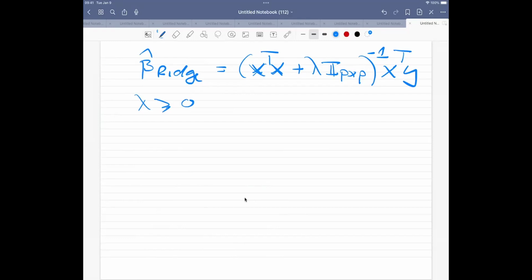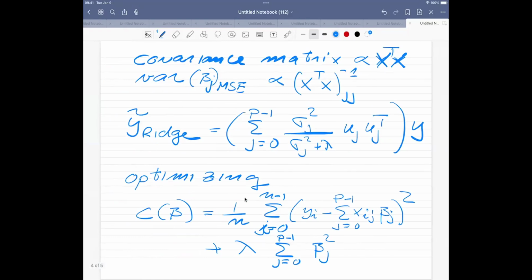And as you will see, if you look at the equation which we have here, if lambda is large and the singular value is small, that means that we are going to suppress degrees of freedom.